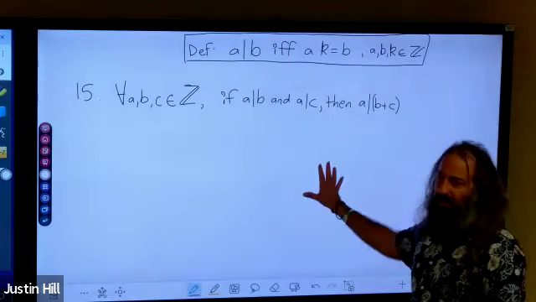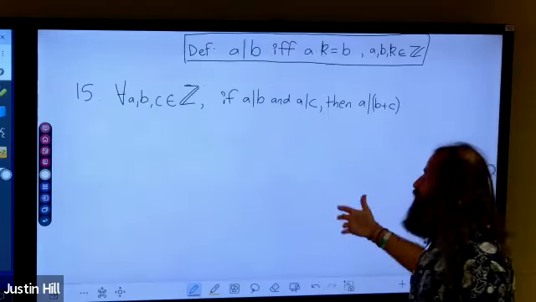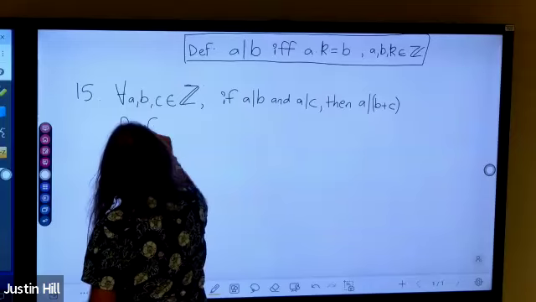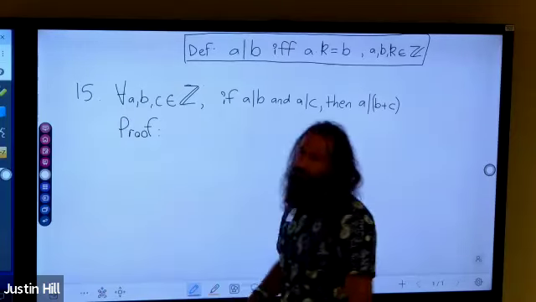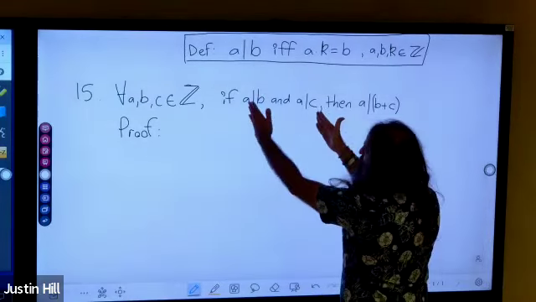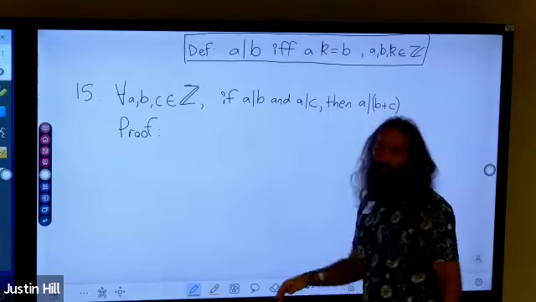So notice this is naturally written as an if-then. So I'm going to try to prove this. And like I said, the first thing I'm always going to start out with in a direct proof is I'm just going to suppose the if. Essentially copy and paste that.